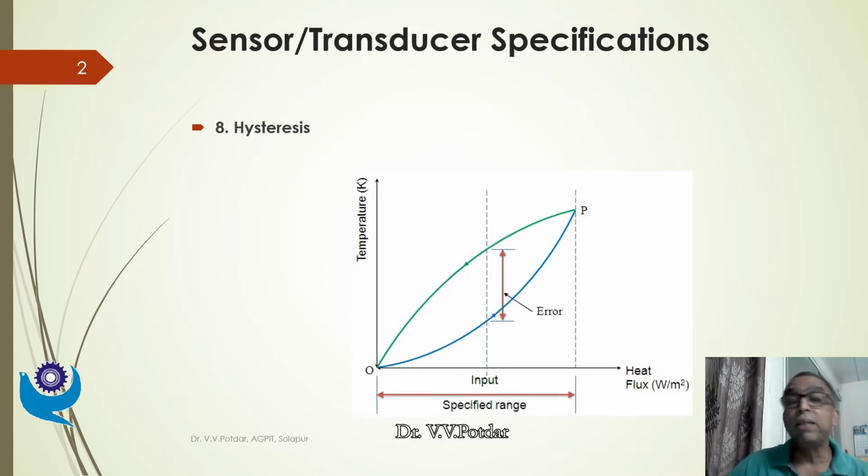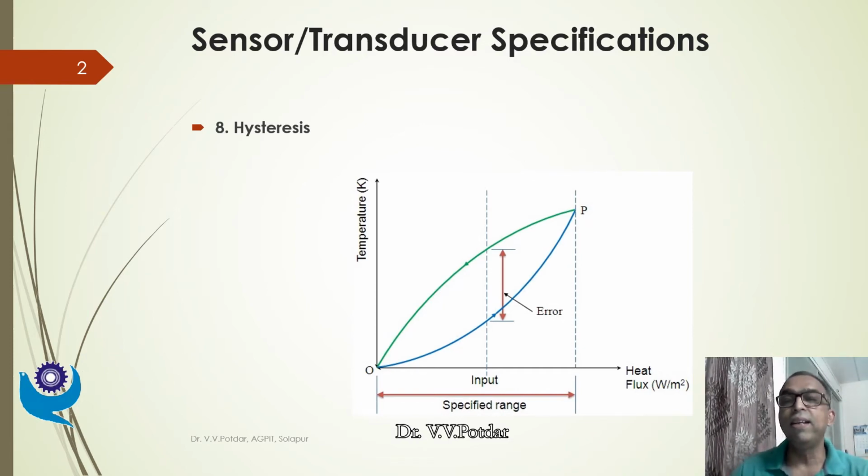And I go to the maximum value, and then I take the reading in a descending manner. This was ascending manner. When I start taking the reading in descending manner, in a sense, I go on decreasing the heat flux now. Ideally, the temperature sensor or transducer should follow the same path. As I decrease the heat flux, ideally it should follow the same path.